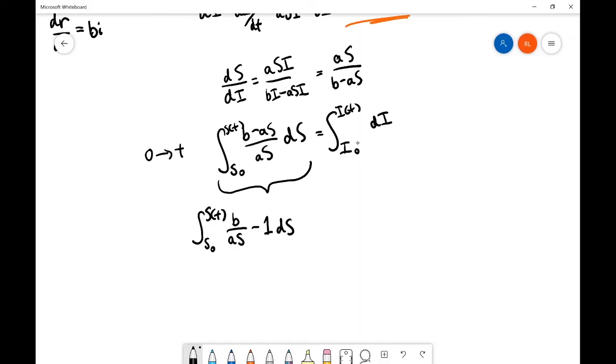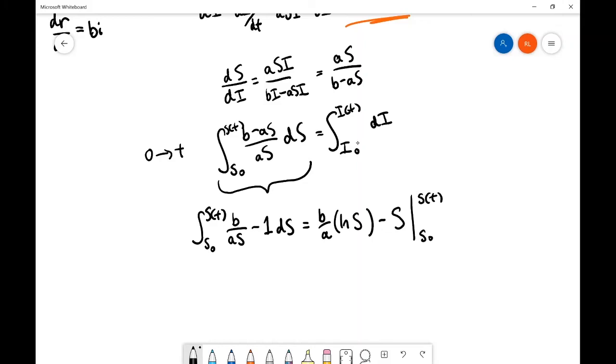And if we integrate this side, we get b over a natural log of S, minus S, from S_0 to S(t).